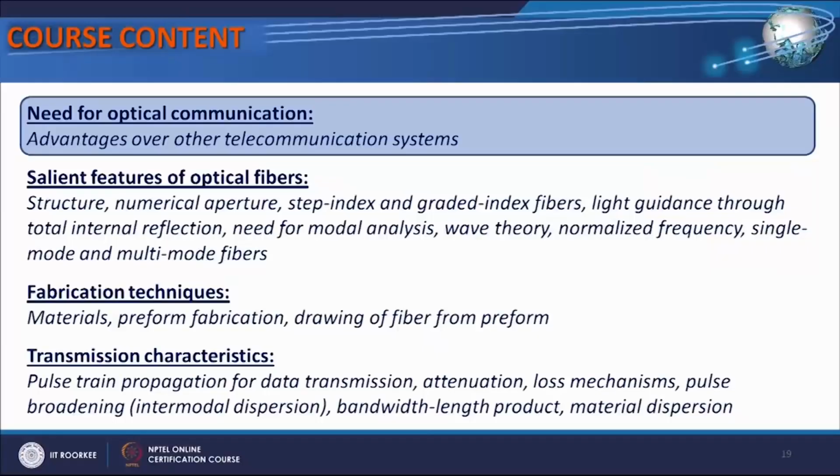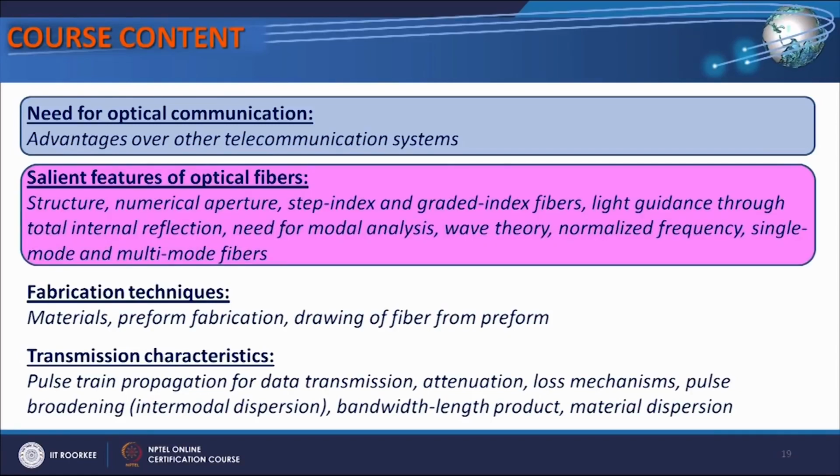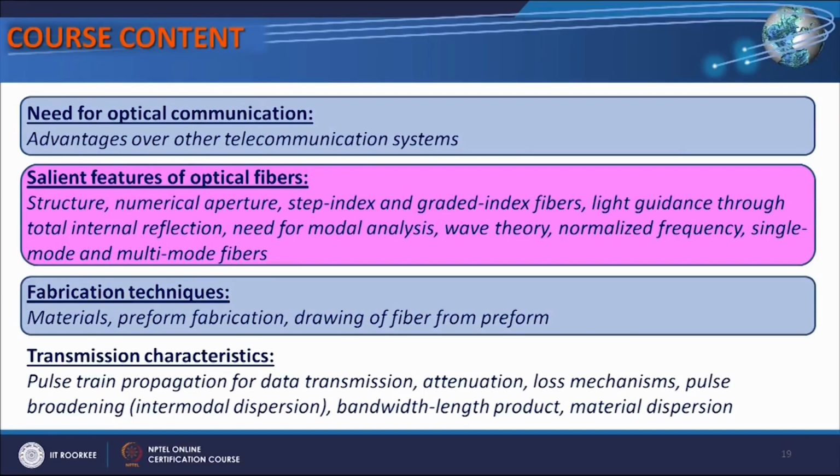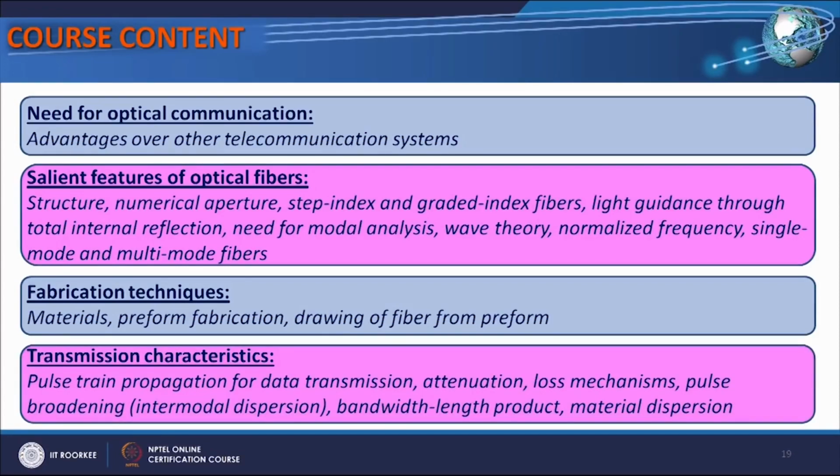We will start with need for optical communication, why at all we need optics or optical waves for communication. Then what are the salient features of optical fibers, what is the structure, how the light is guided, then how an optical fiber is fabricated, what are the materials used, what are the techniques for fabrication of optical fiber, what are the transmission characteristics when these optical pulses go through optical fiber, what happens to them and what causes the distortion of optical pulses.